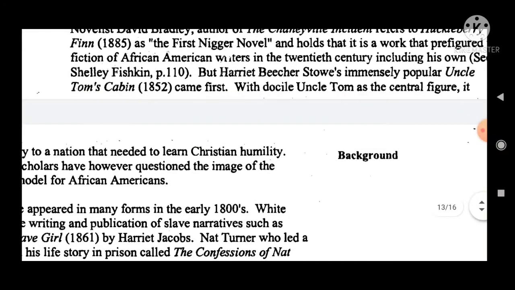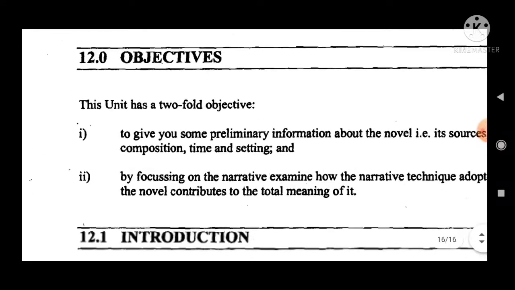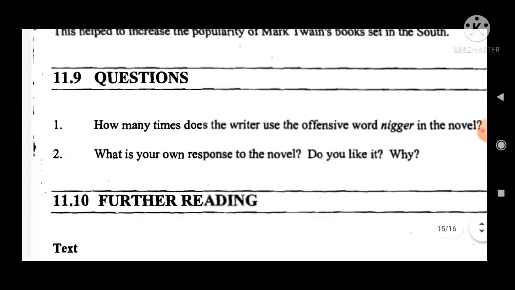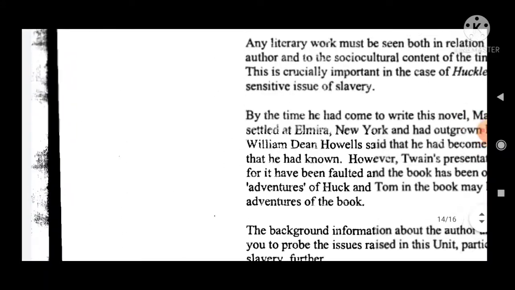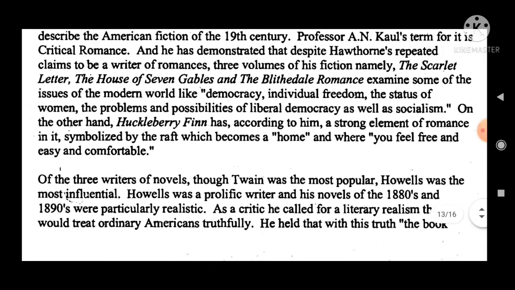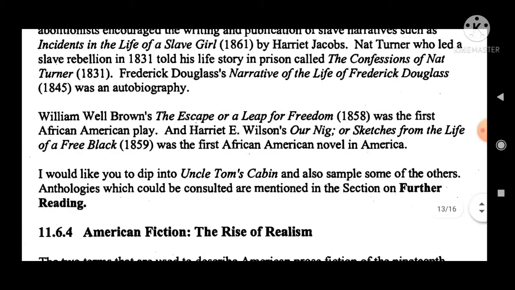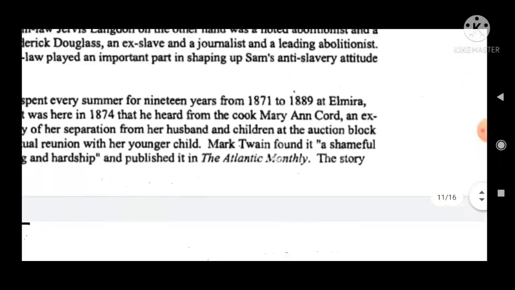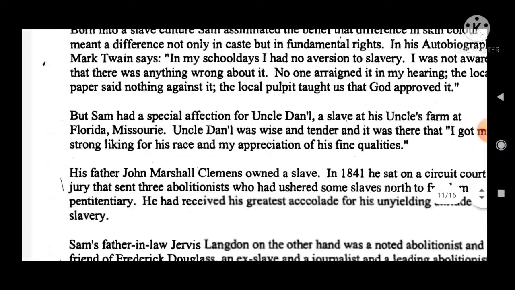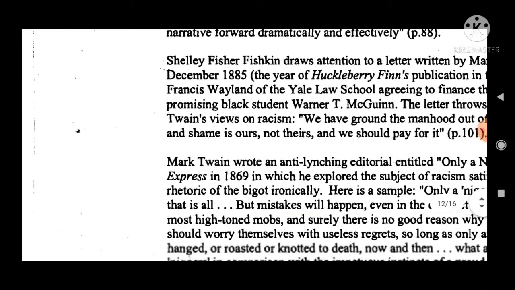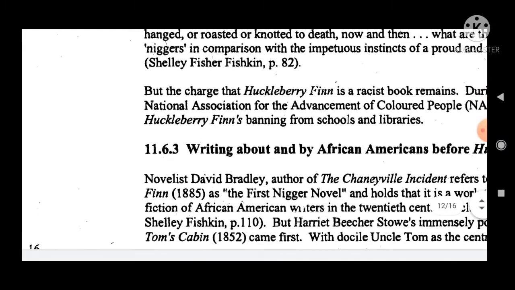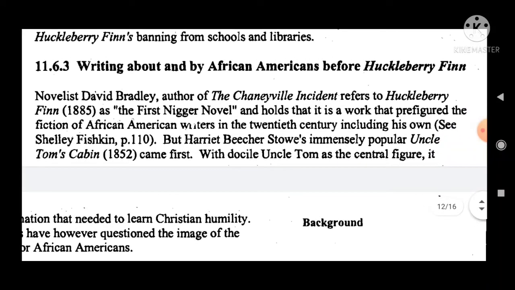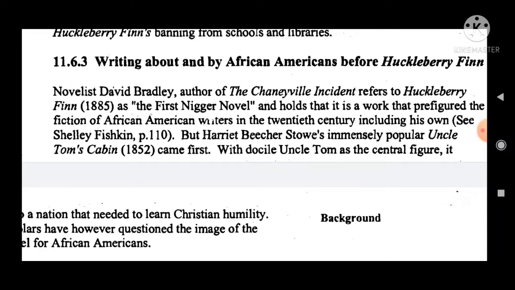See Sally Fishkin. But Harriet Beecher Stowe's immensely popular Uncle Tom's Cabin, 1852, came first.